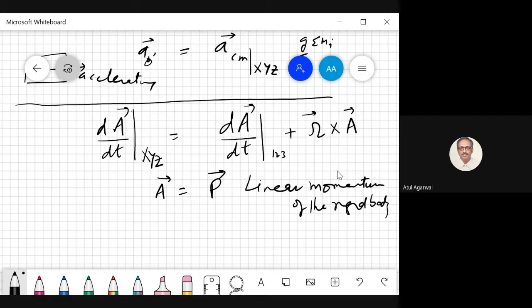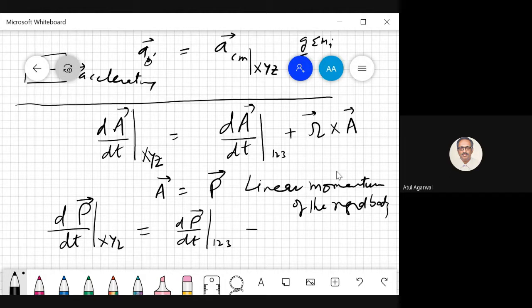Now we can say dp by dt with respect to XYZ is equal to dp by dt with respect to the 1, 2, 3 system plus omega cross p.